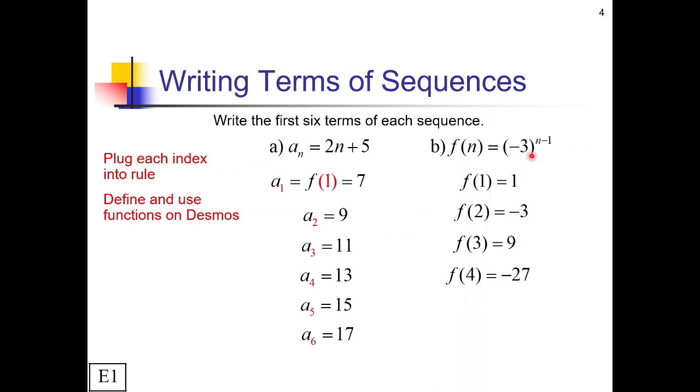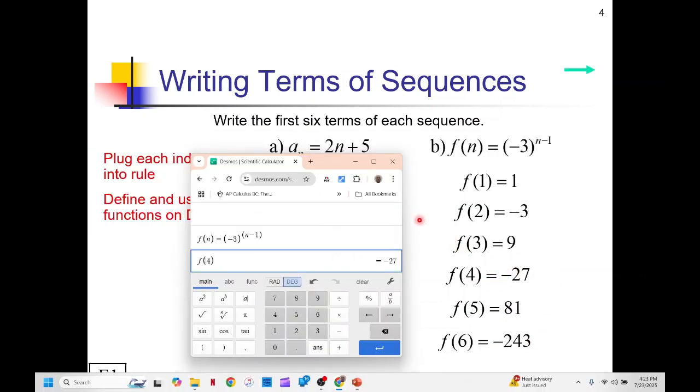We're essentially multiplying by -3 every time. That's what this -3 to an exponent is all about. So you might be able to do the rest in your head. -27 times -3 would give us 81 for the 5th term, and -3 times that would give us -243 for term number 6, but if you want to double check it, you're always welcome to do so.